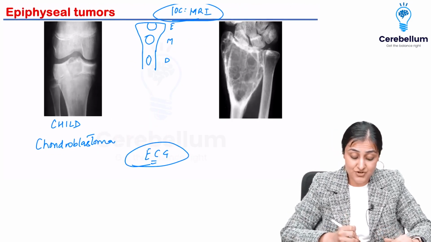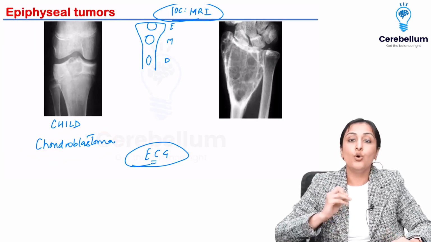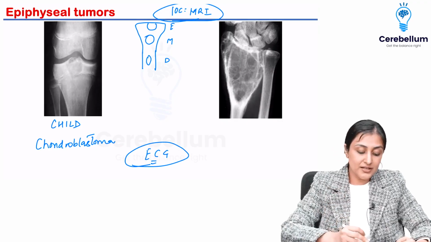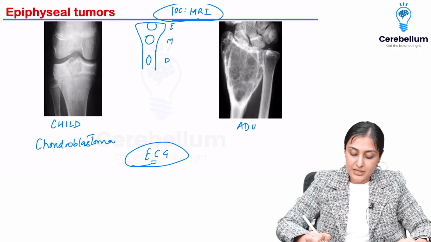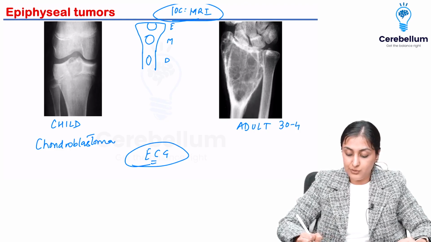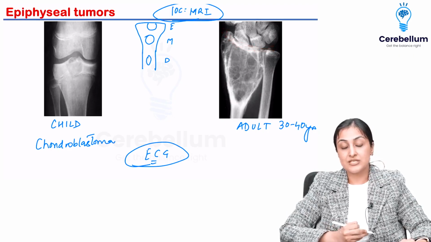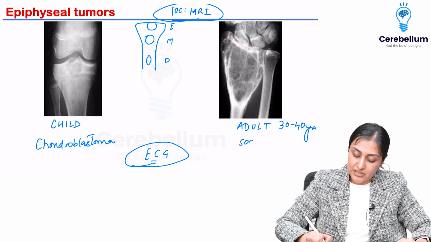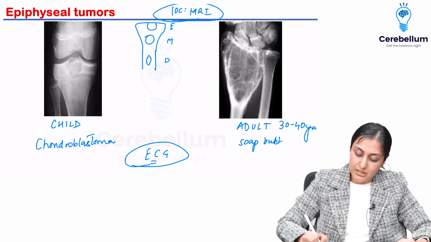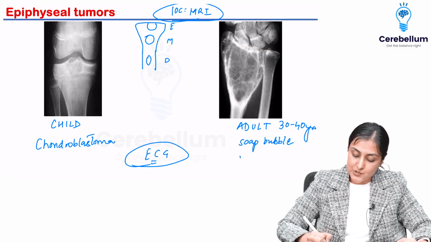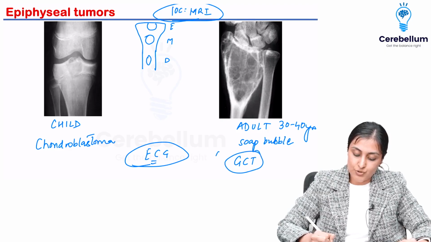So this has to be a child. This is a chondroblastoma. On the other hand, if they give me an adult patient here who is around 30 to 40 years of age, and you can see it is reaching the joint surface, the other feature here is the soap bubble matrix. This is a giant cell tumor.